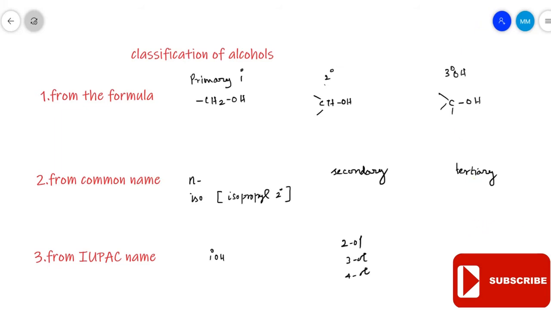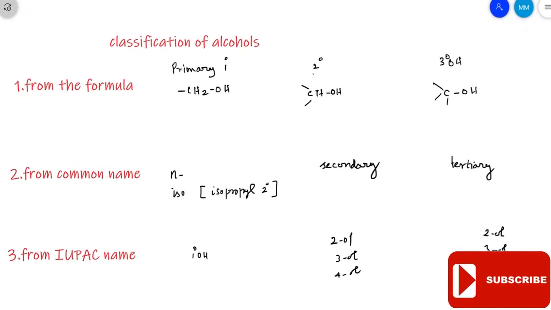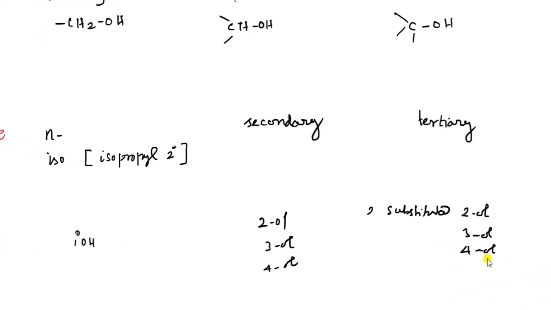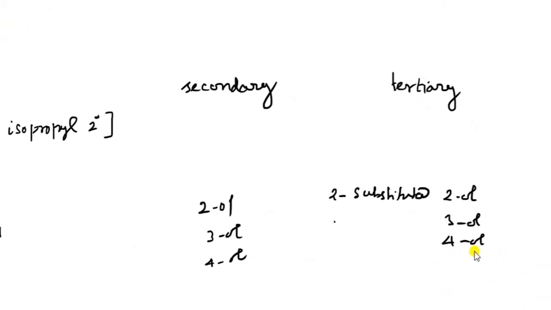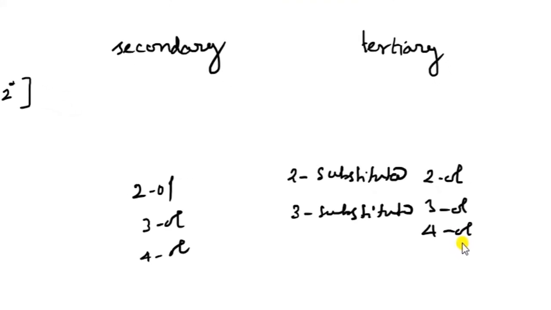In case of tertiary alcohol, also 2-ol, 3-ol, 4-ol, but here 2-substituted 2-ol, 3-substituted 3-ol. That means in the same position another group is substituted. Now see the examples and classifications.